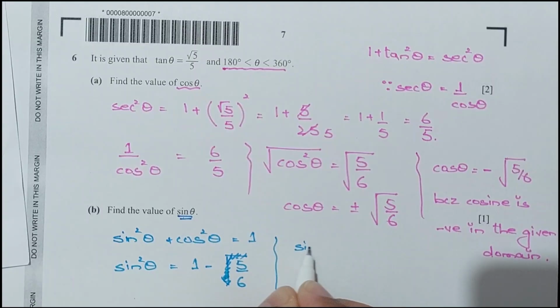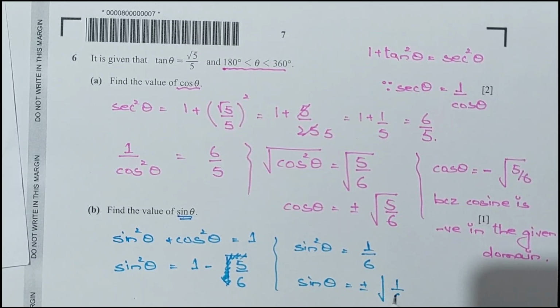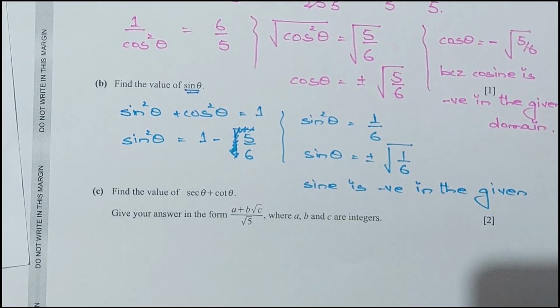Further simplification: sine square theta is 6 times 1 is 6, and from 6 take away 5 is 1 out of 6. So sine theta is again plus or minus root 1 over 6. Again, which do we take, positive or negative? Sine is also negative in the given domain, from 180 to 360.